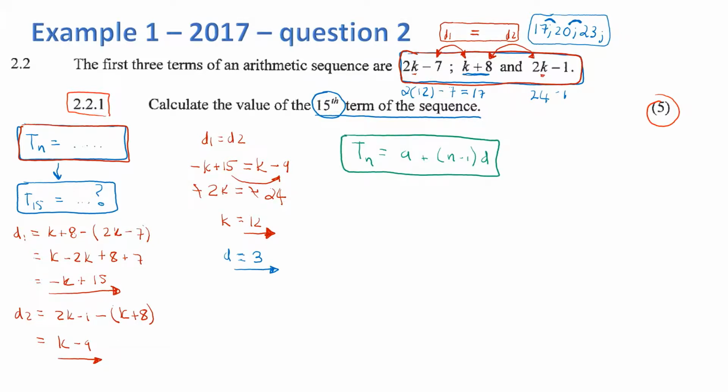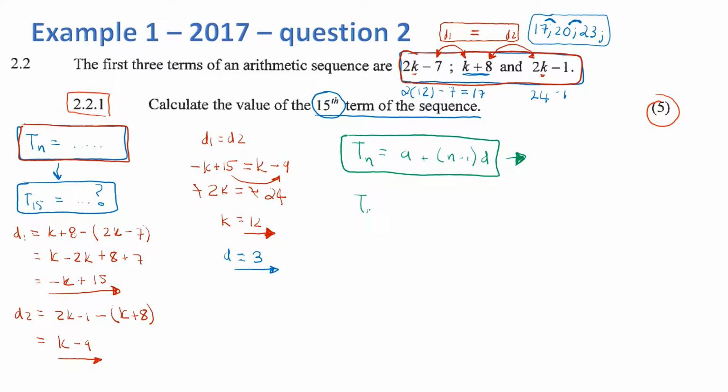That's important. As it happens, you don't really have to know this. You've got to know that you have to use it, but they give this in the formula sheet in the exam. So no worries there. But what we want is the 15th term.